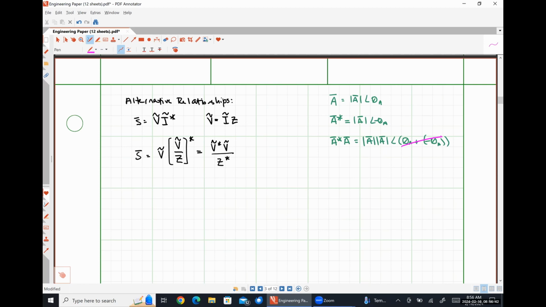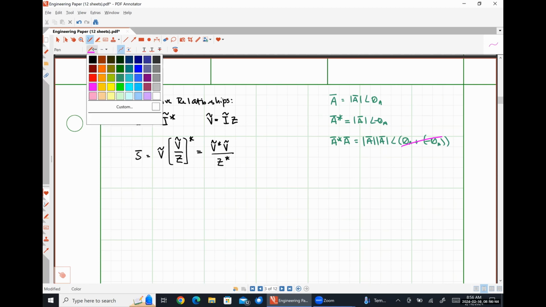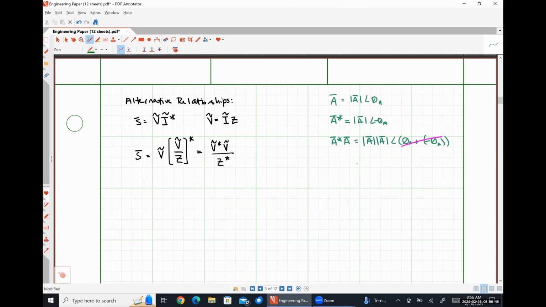And the magnitude of A times the magnitude of A is just the magnitude of A squared. So whenever I multiply a complex number by its complex conjugate, I just get the magnitude squared.